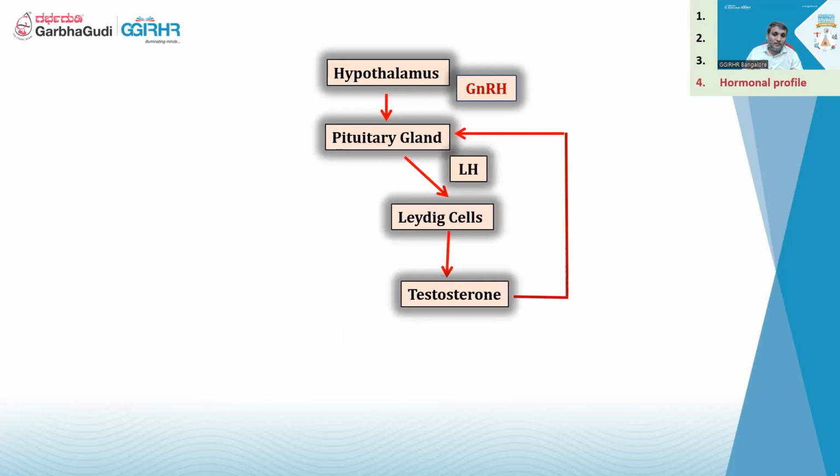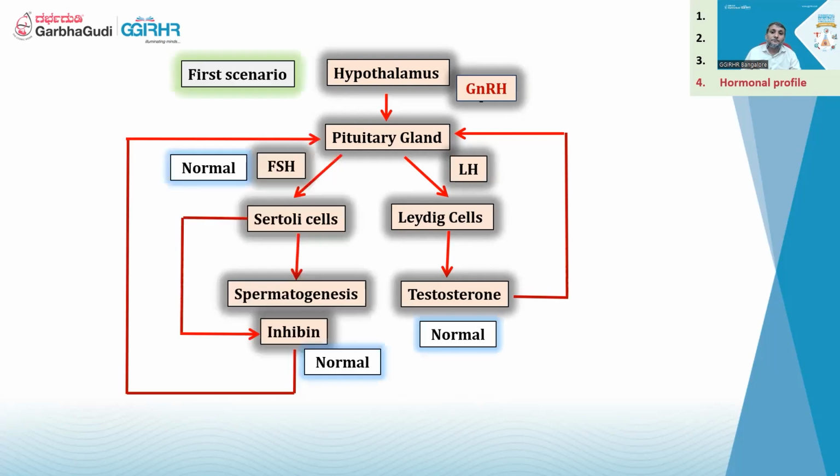On the other hand, the pituitary gland will also secrete LH, luteinizing hormone, which stimulates the Leydig cells, and the Leydig cells will secrete testosterone. Testosterone itself has a negative feedback on the pituitary gland. So this is normal physiology.